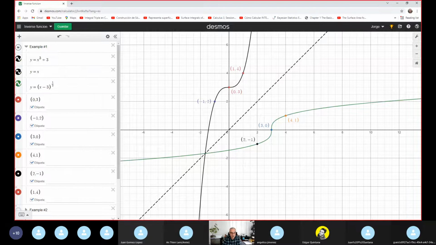Okay, domain and range. Well, domain is obvious. It's obvious that it is this restriction. If you express this restriction in interval notation it is bracket 0, infinity. In other words, only positive numbers. And this is exactly the same as the range of the inverse.